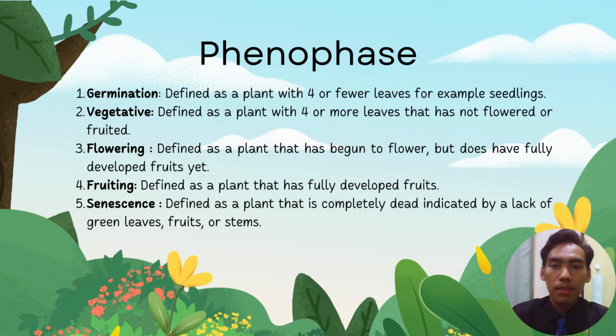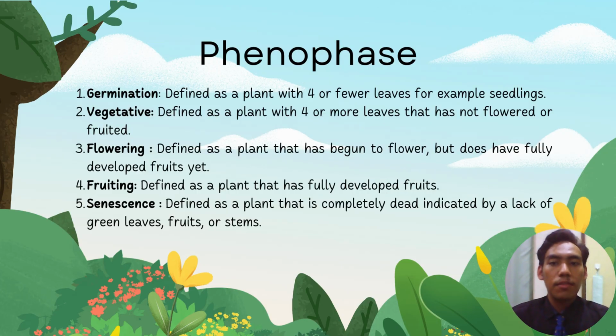Next is the vegetative stage. Vegetative is defined as a plant with four or more leaves that has not flowered or fruited, which means the plant now has more than four leaves but hasn't started flowering. This is when the plant is focused on growing.